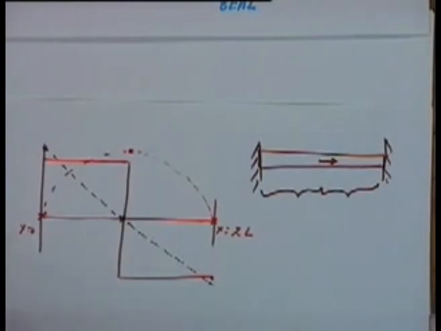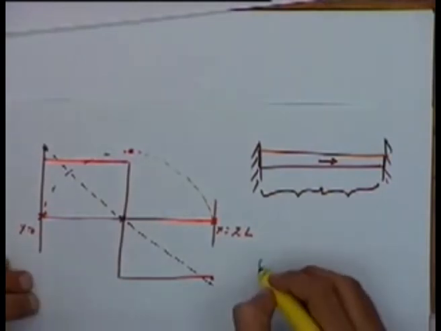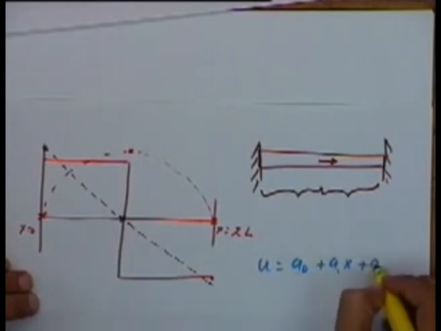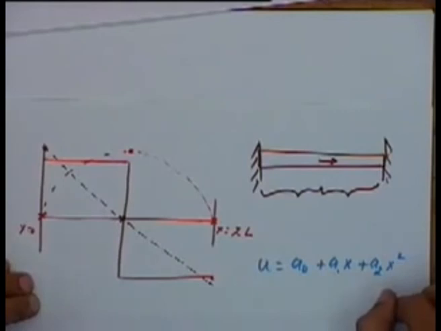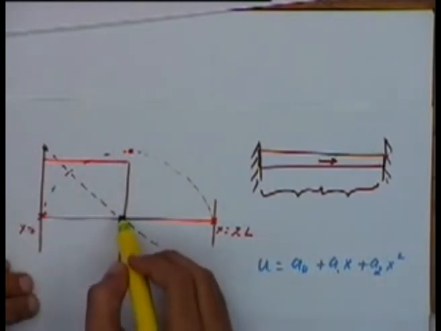That is basically because the assumption that we started with, that our deformation u is given by u equal to a0 plus a1 x plus a2 x squared, is not correct. The assumption that the deformation will be a quadratic function is not a correct assumption, because in this case we know that there will be a discontinuity here.